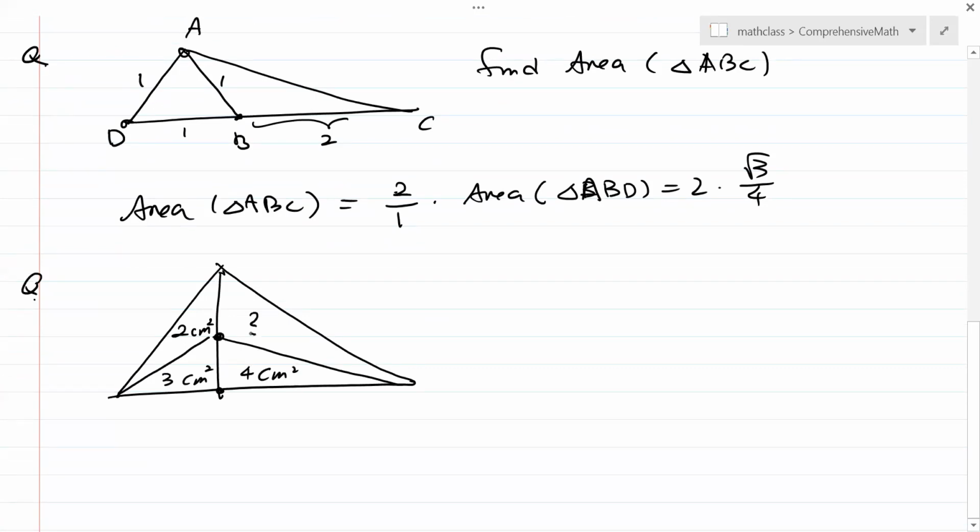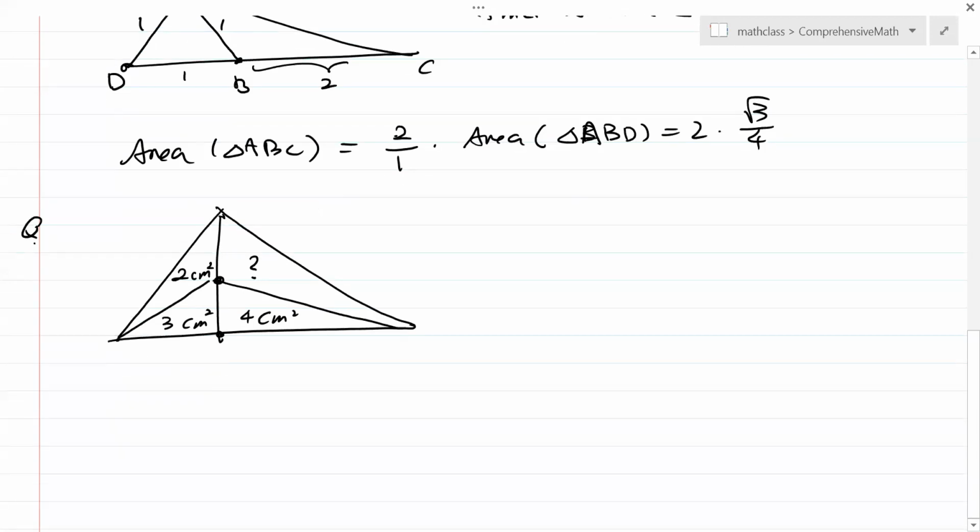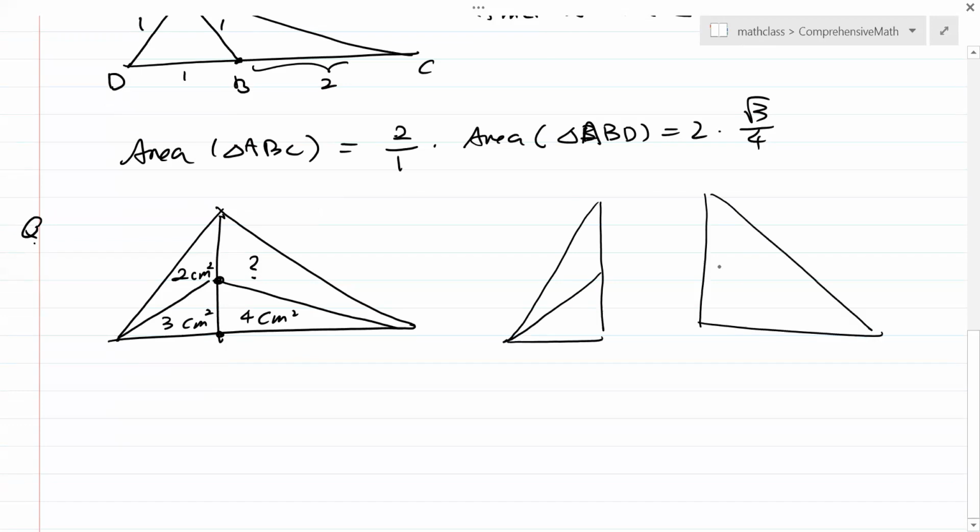What is the area of that triangle? This is a little bit more difficult, but you should know that this actually consists of 2 triangles sharing the same vertex. One is this, another one is this.